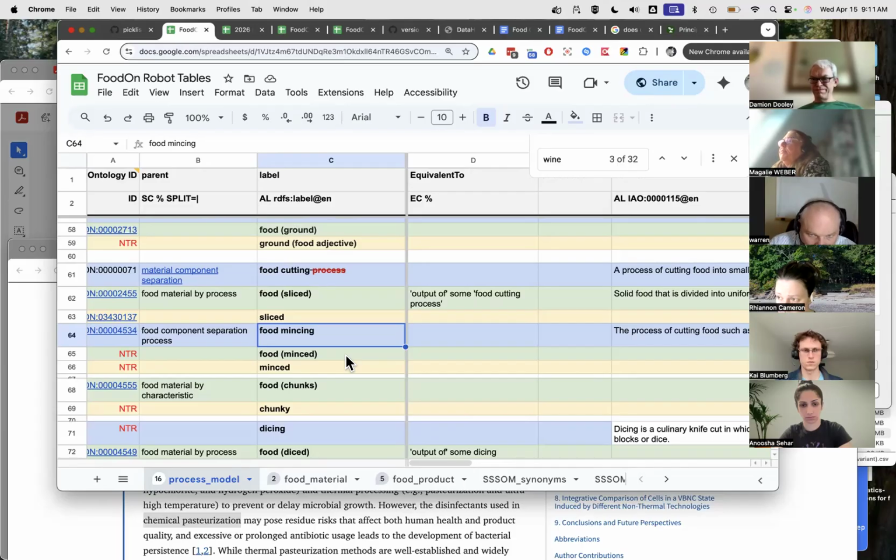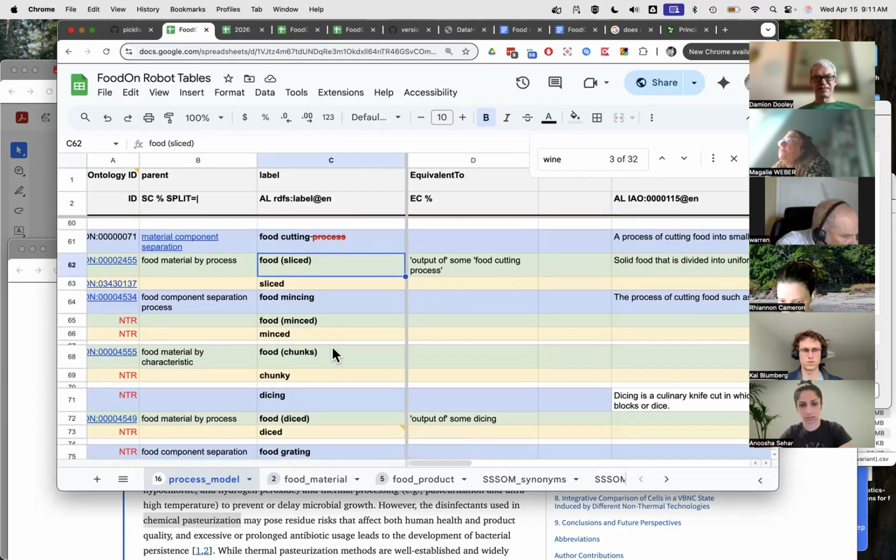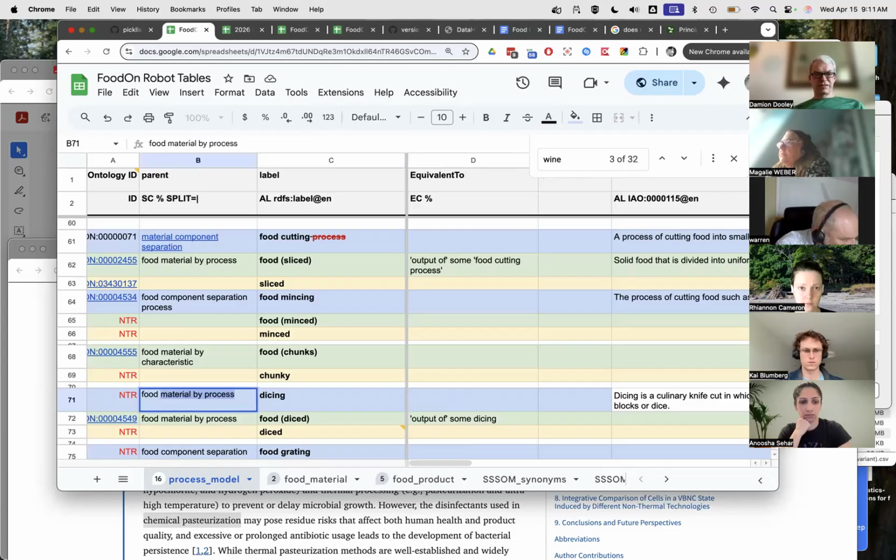An aside: you mentioned food cutting, but food sliced, and I guess you can have different kinds of cutting and not just slicing. Yes, there are other kinds coming down here. Diced, okay. Cutting is a very general term, and it can include dicing. So dicing would be a subclass of food cutting.